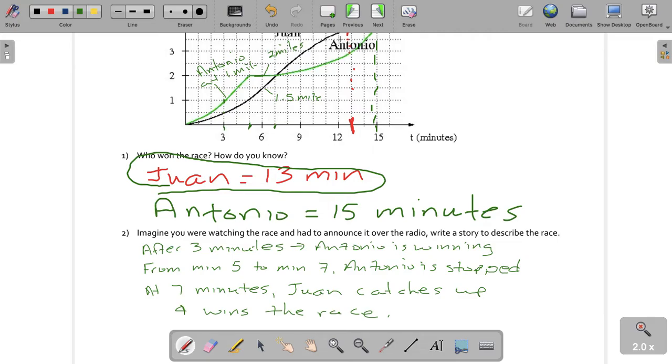Okay, something happened to Antonio there. We're not sure what, but something happened to him that he had to slow down. He had to slow down in here. He wasn't moving, and he started moving again, but then it was too late because Juan had won. Okay, so next page.